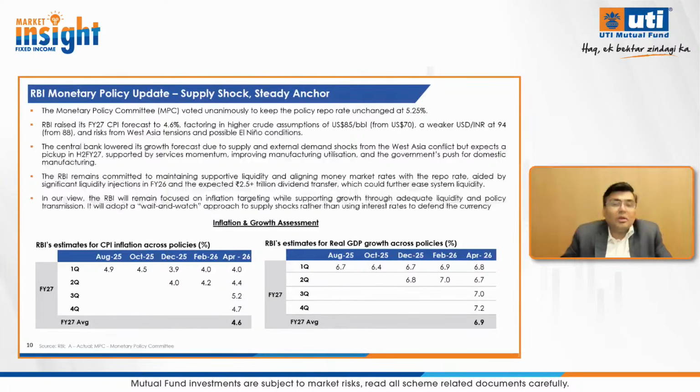As you can see, the RBI assesses that there could be some impact on the first quarter and second quarter GDP because of this conflict, but they do expect the conflict to resolve by the second half of the fiscal year. And as you can see, in Q3 of FY27 and Q4 of FY27, they're expecting growth of about 7%.